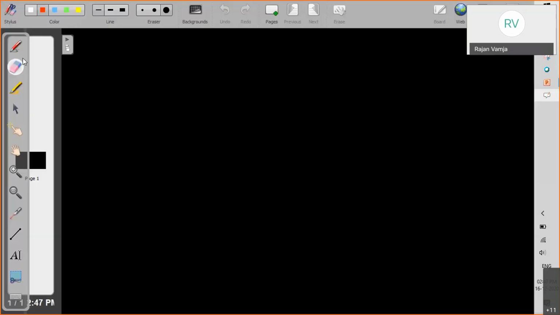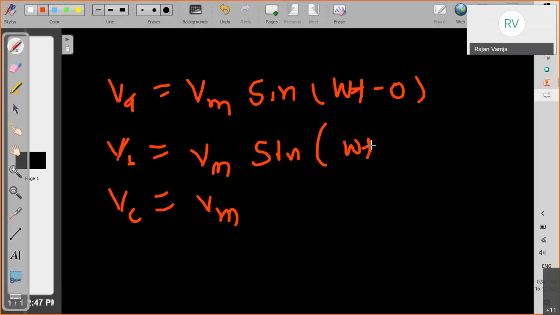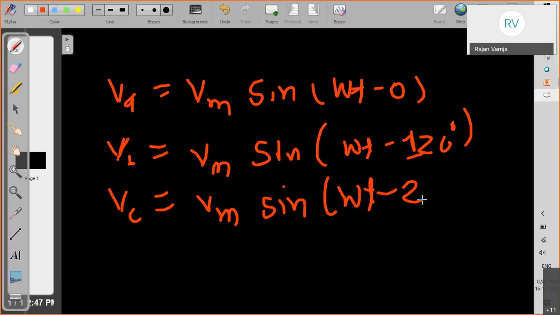So let me try to brief it. We have three voltages, the same Vm, each with some angle: sine omega t, then sine omega t minus 120 degrees, and the third one is sine omega t minus 240.